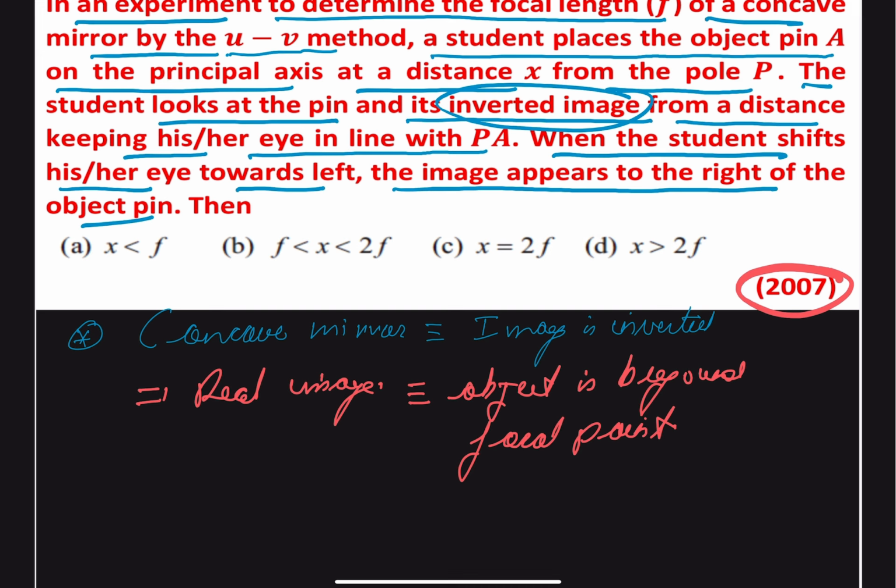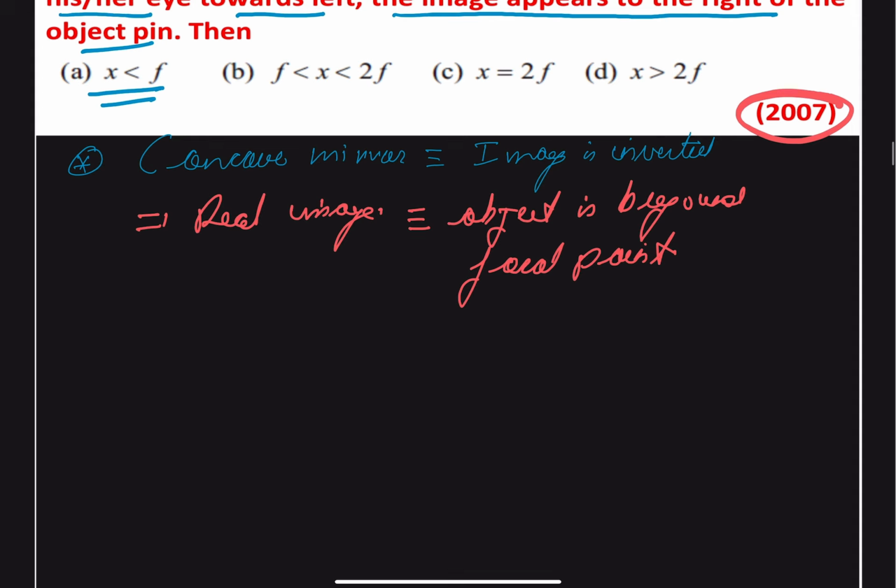Therefore, one by one we can check the options that are given to us. The first option says that x is less than f, where x is the distance of the object from the pole. So we have x is less than f.